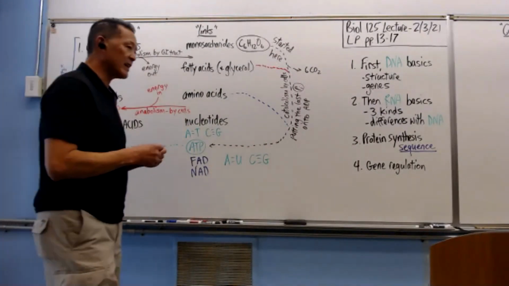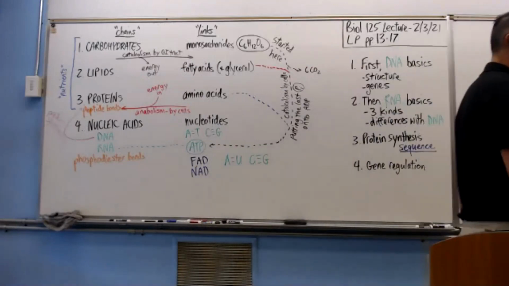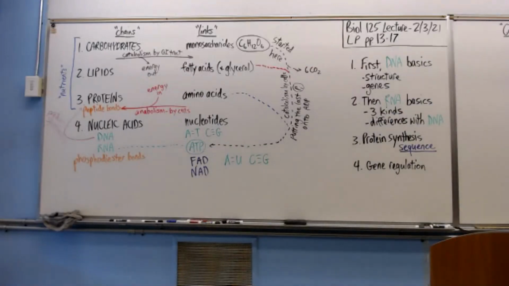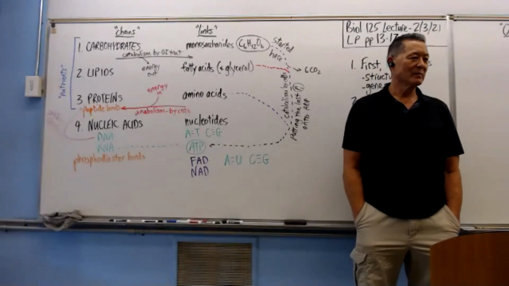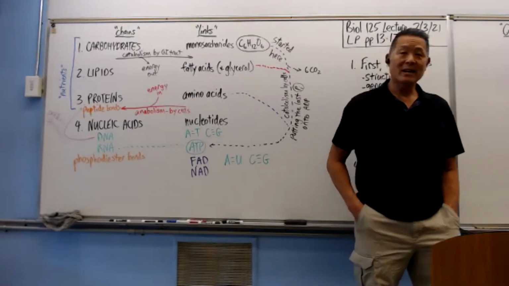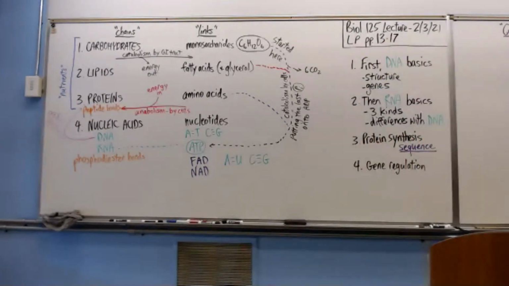And then on Monday, we'll talk about how DNA codes to make itself, and DNA replication. All right. Any questions? All right, Wednesday lab, I'll see you in about 40 minutes.